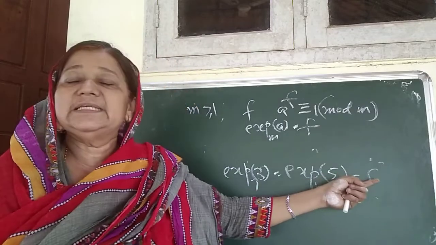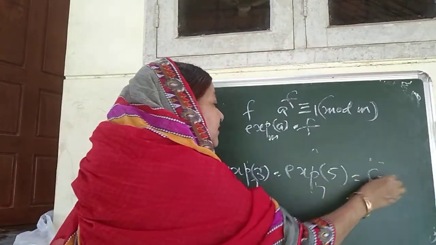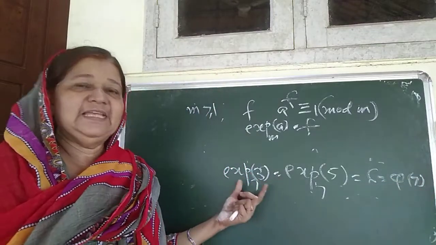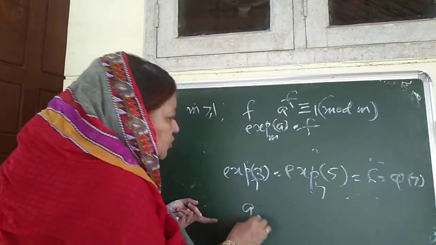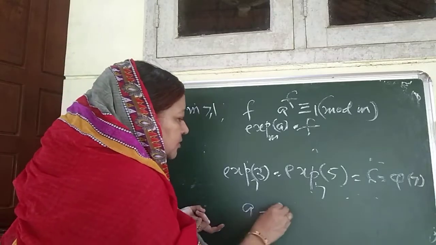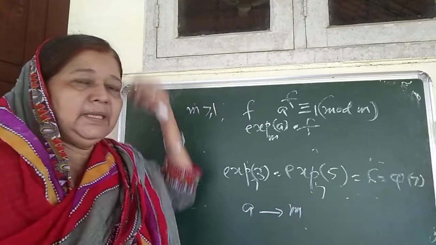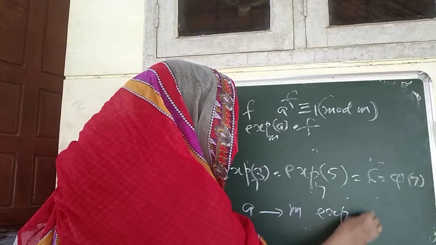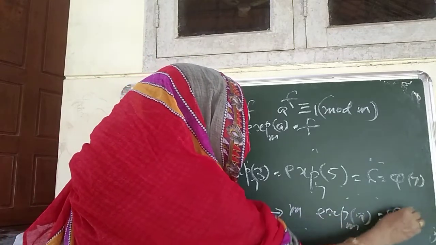What is 6? 6 is phi of 7. Therefore, we say that a is a primitive root of m if the exponent m of a is equal to phi of m.